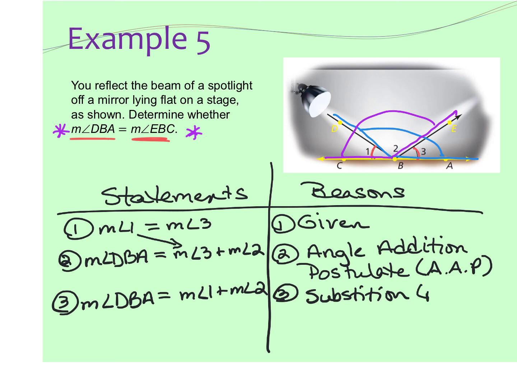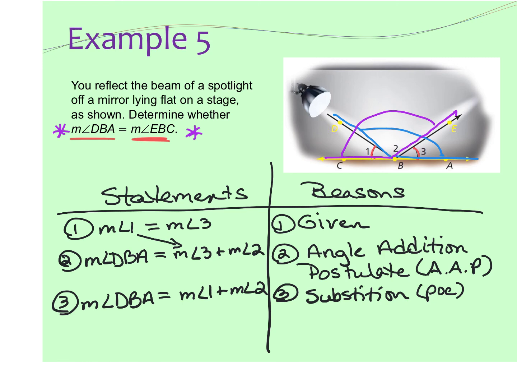Why should I plug in the measure of angle 1? Because what I'm going to show you is that angle 1 plus angle 2 equals EBC. You see that? And then I can do a substitution again.